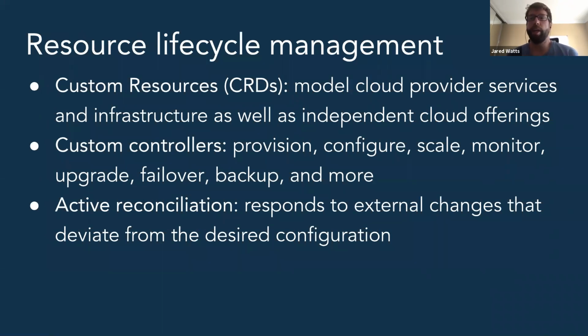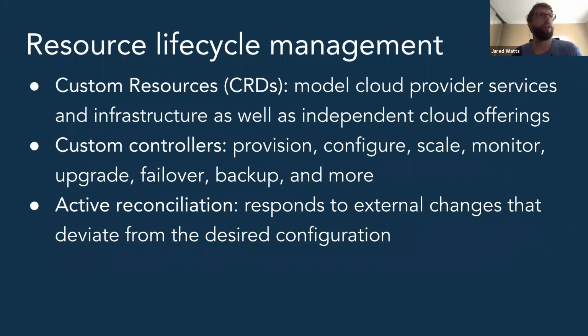All these managed services and infrastructure that you find in the cloud providers, we have CRDs to match those as well. And then, a set of custom controllers that will be sitting in reconciliation loops, looking for changes to the CRDs or any deviation away from the user's desired state with the actual state, and then take those reconciliation steps to drive the actual state in line with the desired state.